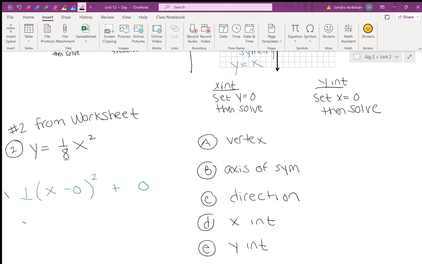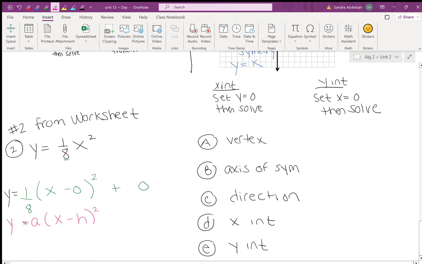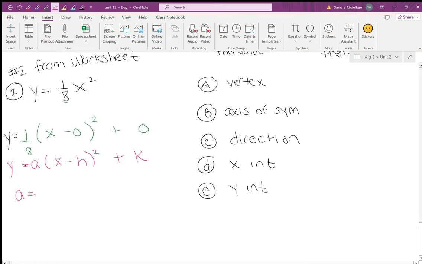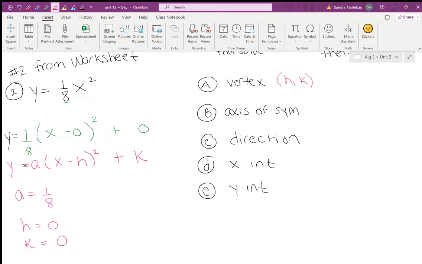So this fits the format of y equals a times the quantity of x minus h squared plus k. My a is 1/8. My h is 0. What's k? 0. According to what I told you before, our vertex is h comma k. So what's our vertex here?